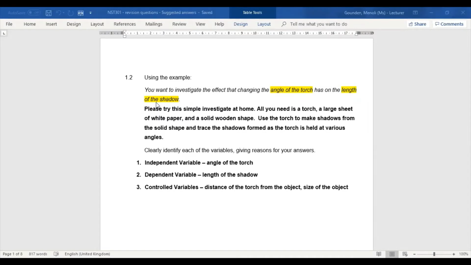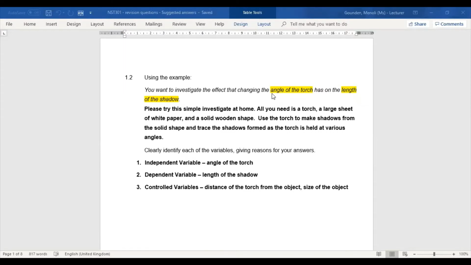In this case, the only statement that will make sense is something to the effect of the length of the shadow depends on the angle of the torch. So because your statement is the length of the shadow depends on, length of the shadow is the dependent variable, and angle of the torch is my independent variable.